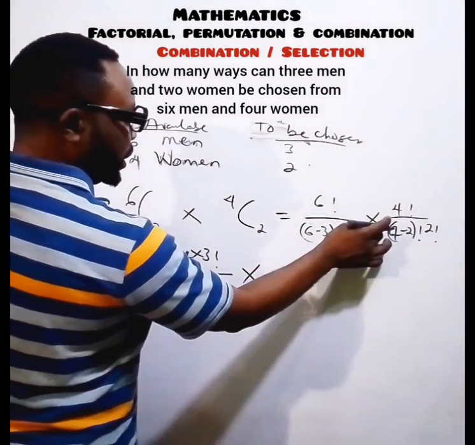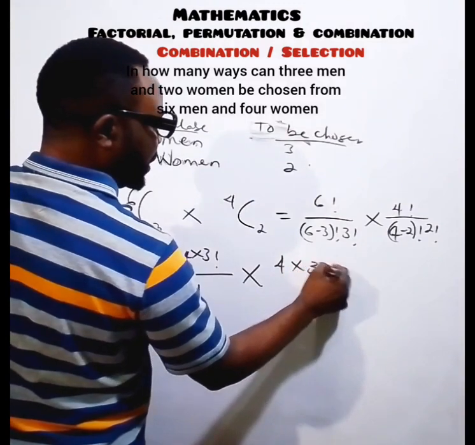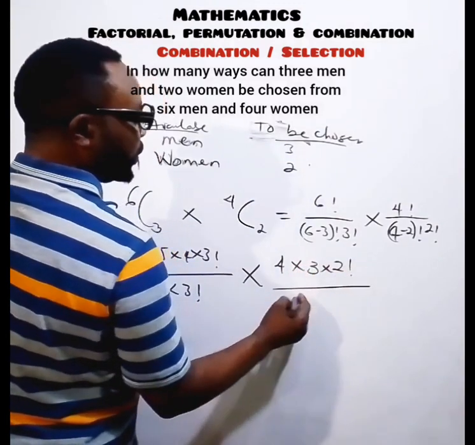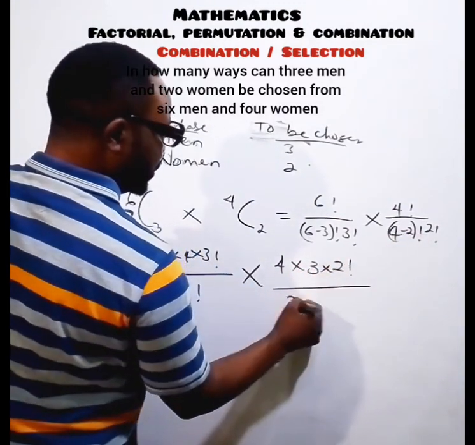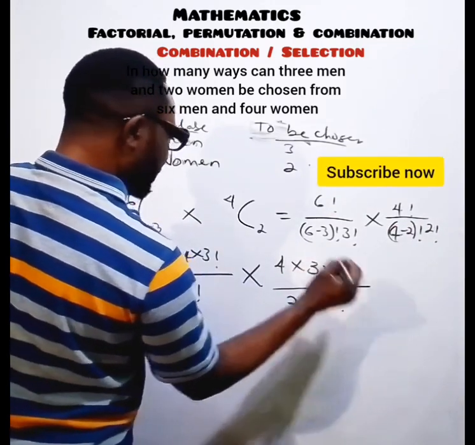Multiply by that multiplication sign. 4 times 3 times 2 factorial all over 4 minus 2, that's 2 factorial. Then 2 multiplied by 2 factorial as well.